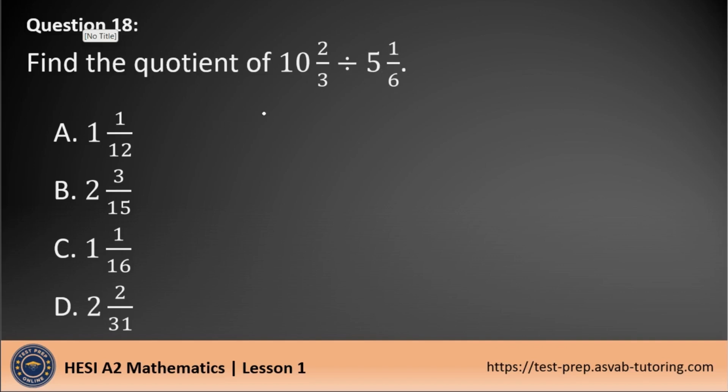So 3 times 10 equals 30, plus 2 equals 32. So we will write 32 divided by 3. 3 is the denominator. Now divided by 5 times 6 equals 30, plus 1 equals 31 divided by, here the denominator is 6. So 6 will come.